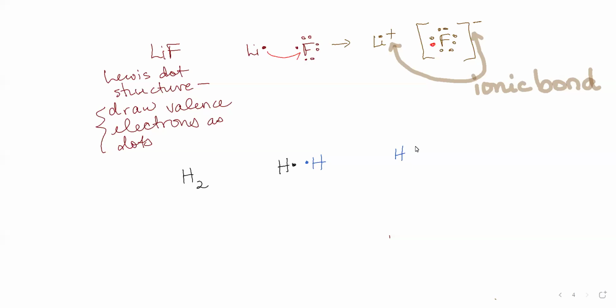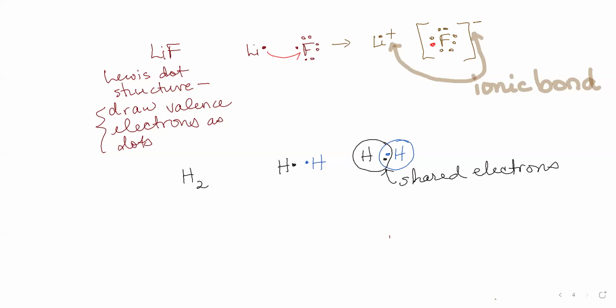Energetically, we want something that appears like a noble gas. So my blue hydrogen here will share its electron with the other atom. Because these are sharing, each hydrogen thinks it has a complete orbital.